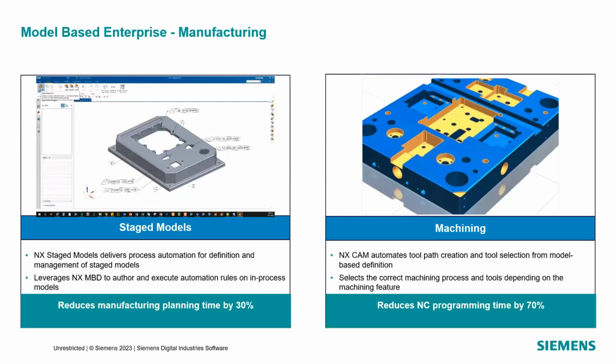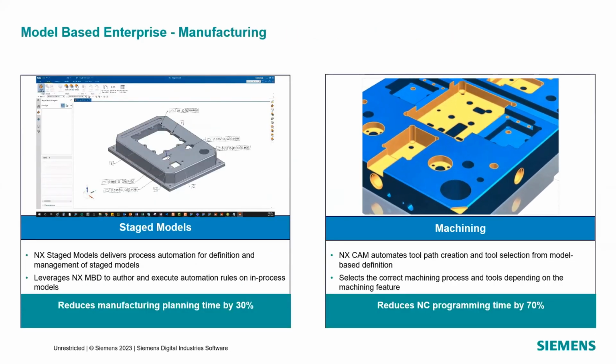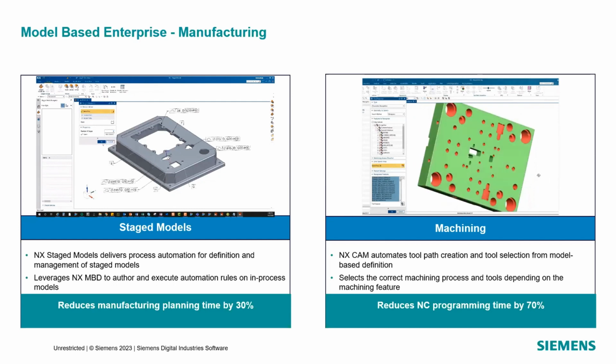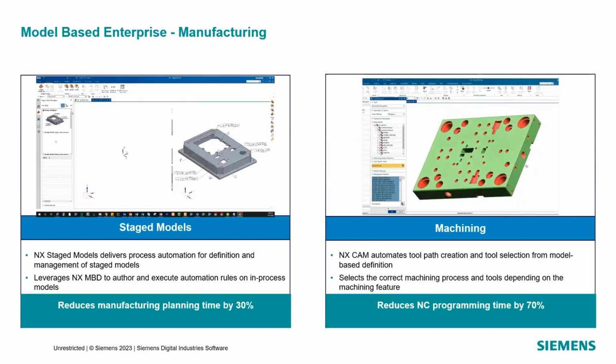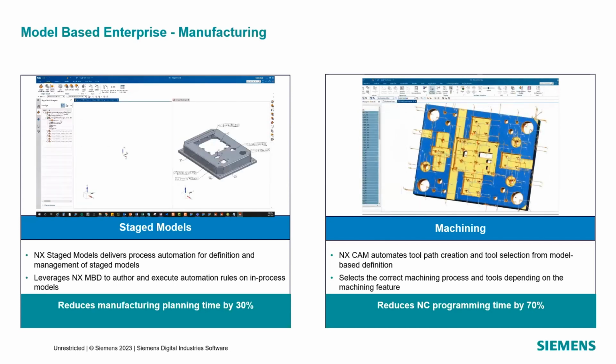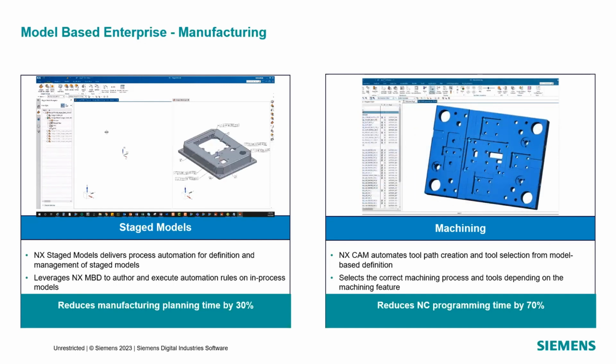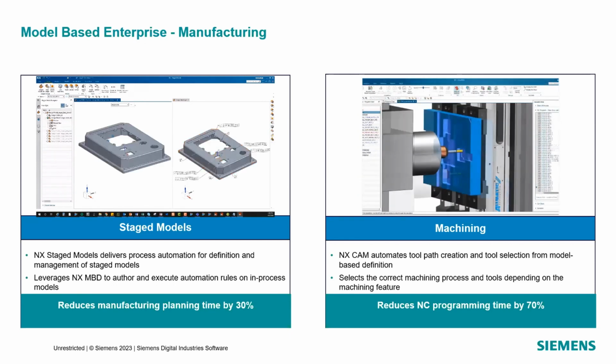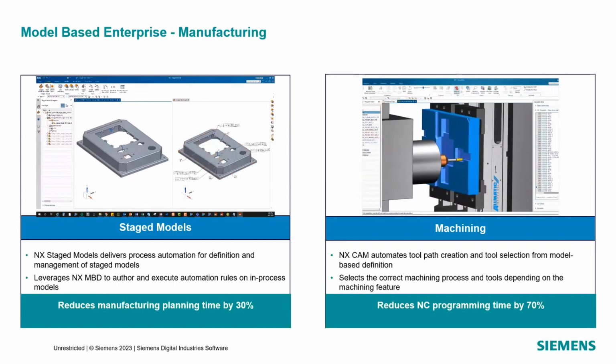And that's our goal. That's the vision and where we're going with our tools. And so here's a couple of those, right? On the manufacturing side, think of stage modeling or process modeling. That's where we have, say, the finished part, and we want to process that back to what was the stock size, what happens in each particular operation that we're doing. Stage modeling is an application that we have inside of NX to help us with that.